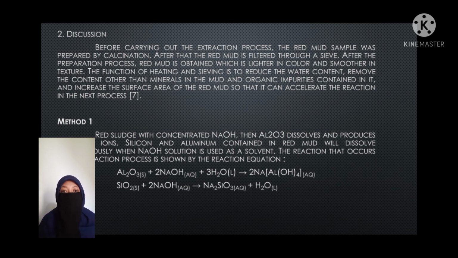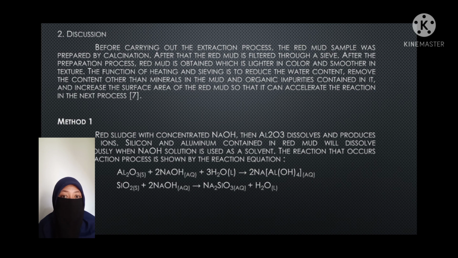The function of heating and sieving is to reduce the water content, remove the content other than minerals in the mud and organic impurities contained in it, and increase the surface area of the red mud so that it can accelerate the reaction in the next process.